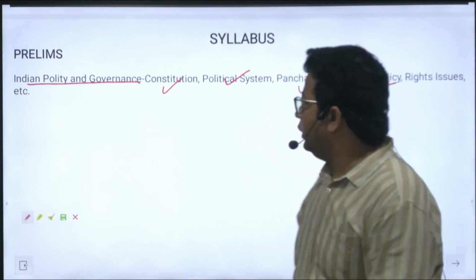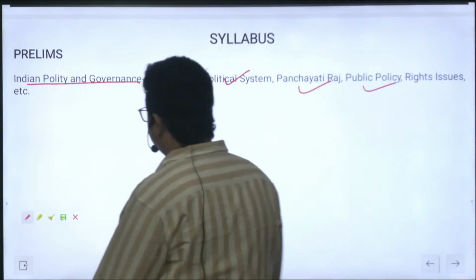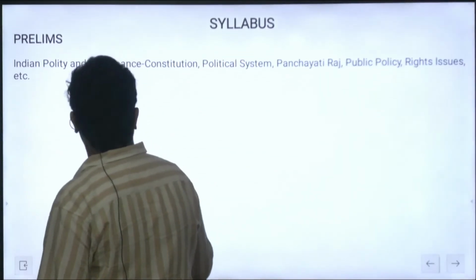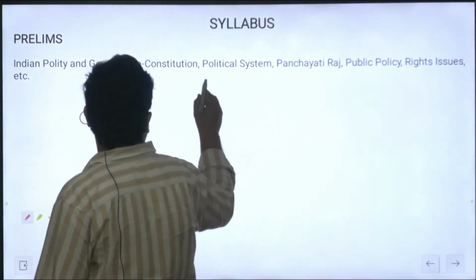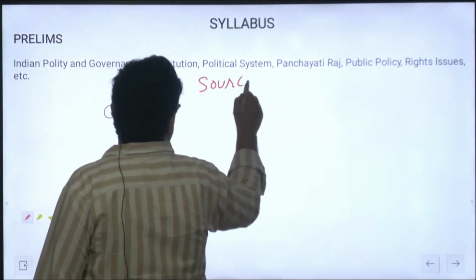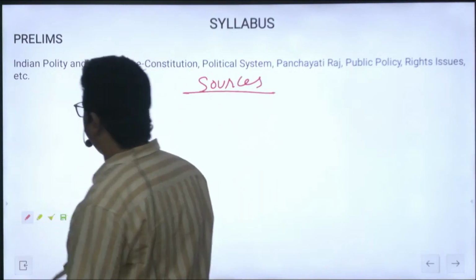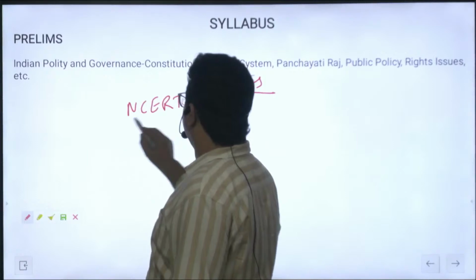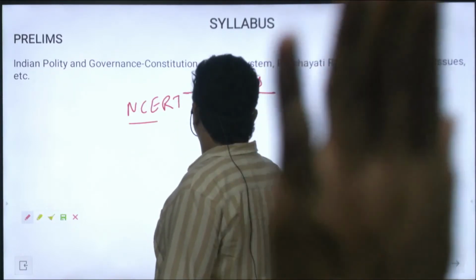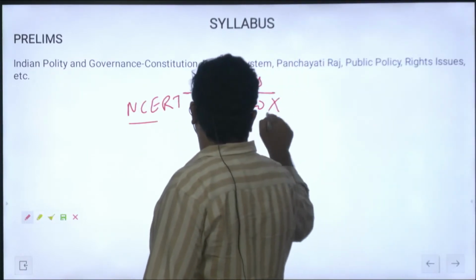Yes or no? Now if we talk about the sources, what sources do we need to follow? I am one who does not believe in many sources. So what you need to do is NCERT from class 10 to 12.